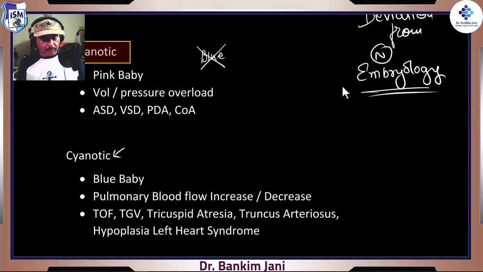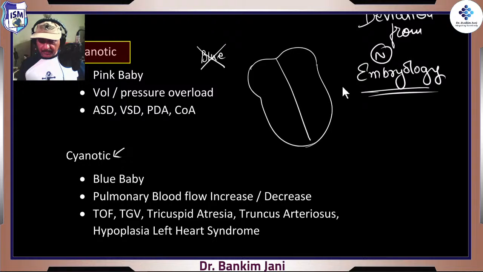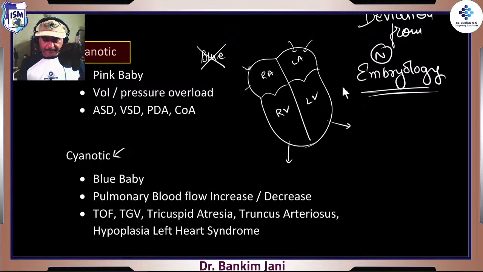So over here, what can go wrong? Well, there would be volume and pressure overloads. How come? All we need to understand is that these are the four chambers which are separate: right atrium, right ventricle, left atrium, left ventricle, and then there are specific blood vessels, correct, which are going in or out.